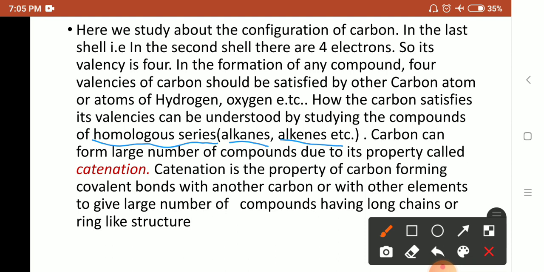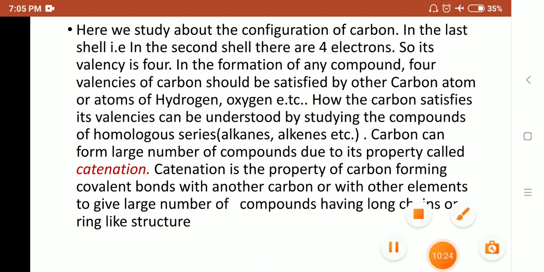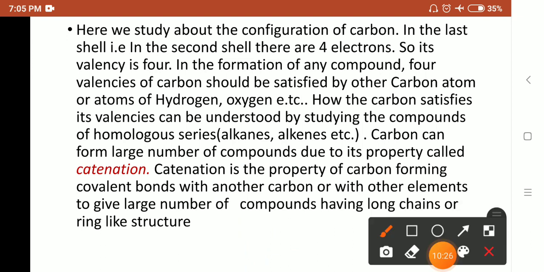Catenation is the property of carbon which forms covalent bonds with other carbon, to give a chain-like structure, or it can form a ring structure. How does it form the ring structure? Like benzene, a hexagonal ring. That is because of its property called catenation.